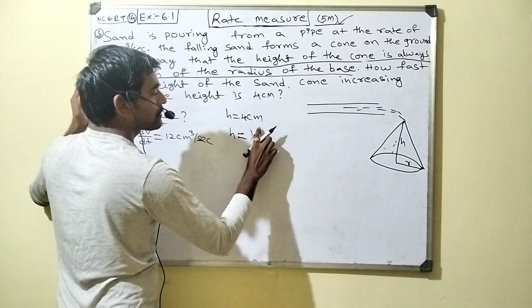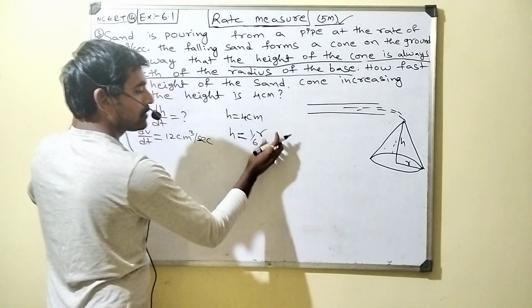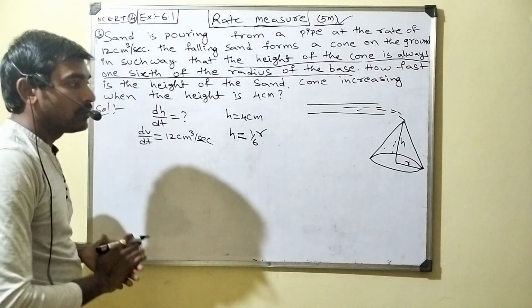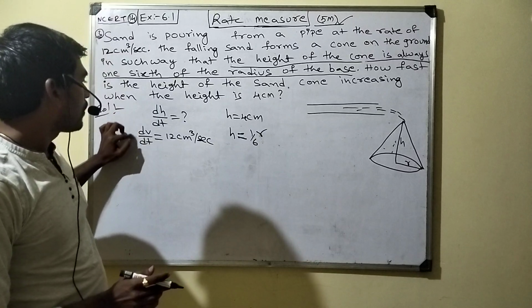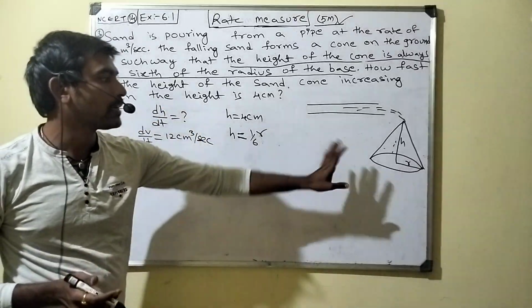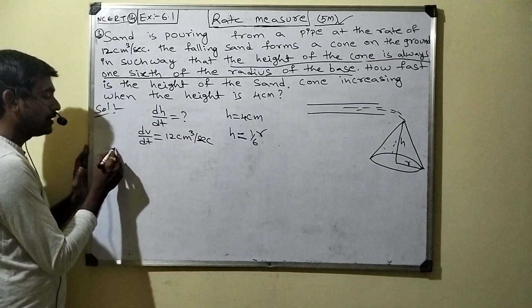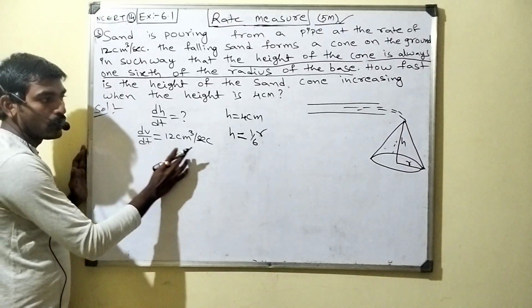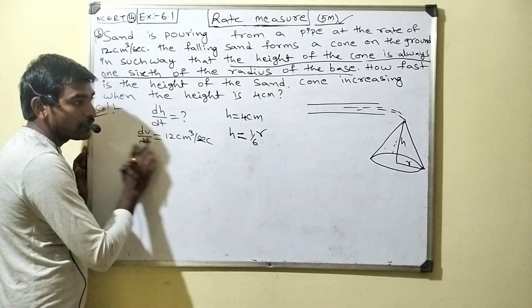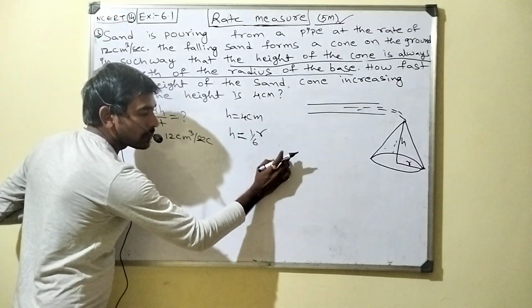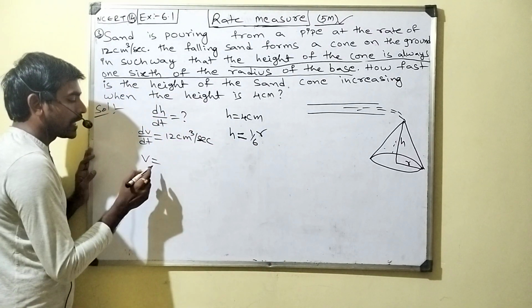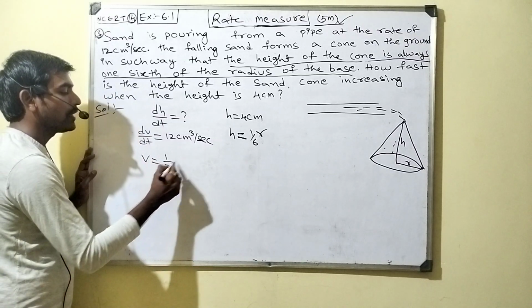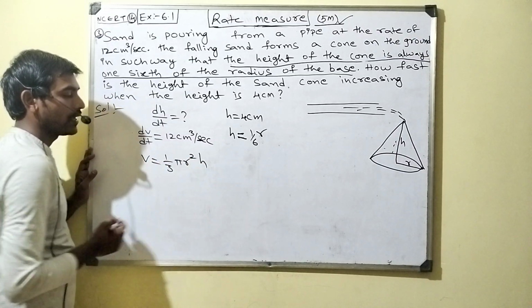This is what I have. Conceptually we are using volume and height. Now the volume of the cone formed at time t: V is 1/3 pi r square h.